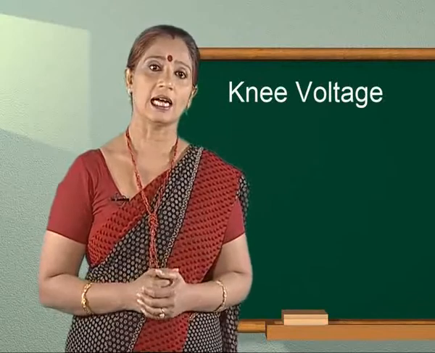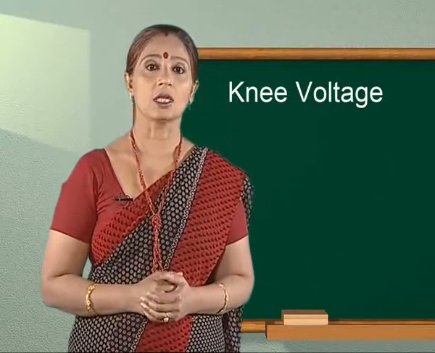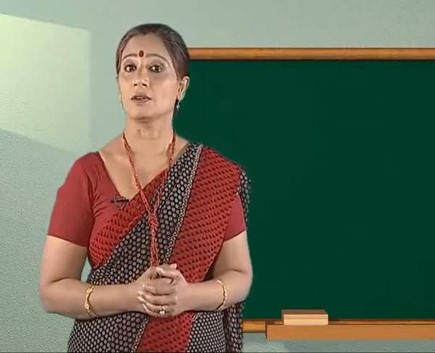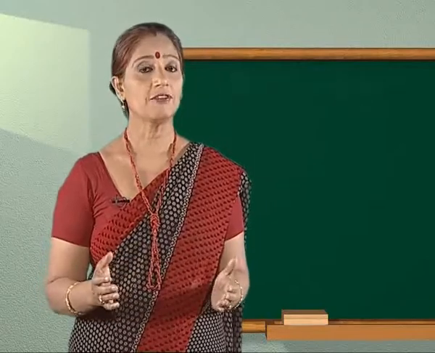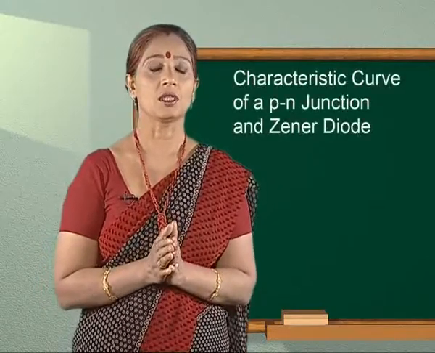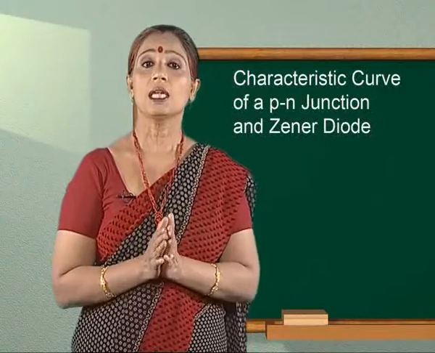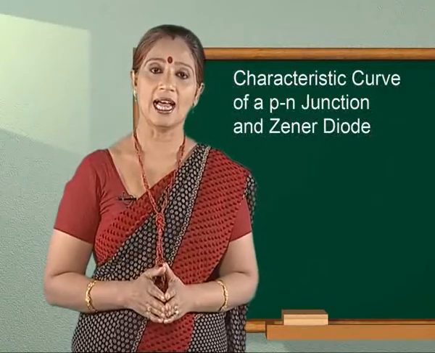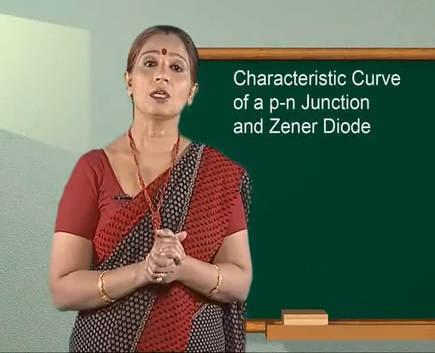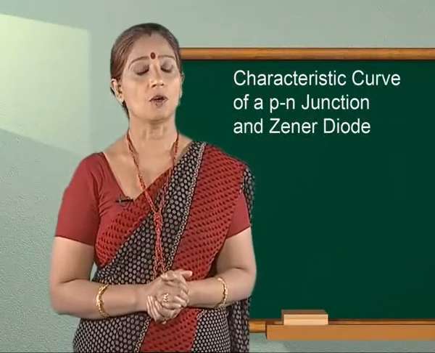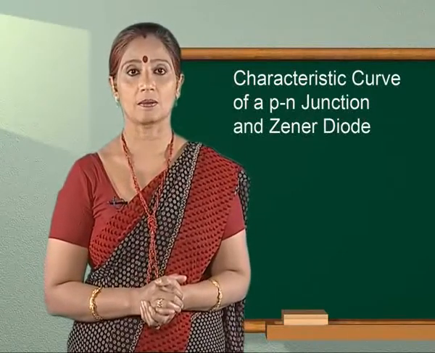On the other hand, a PN junction is said to be in reverse bias if the p-type crystal is connected to the negative terminal and n-type to the positive terminal of the bias battery.